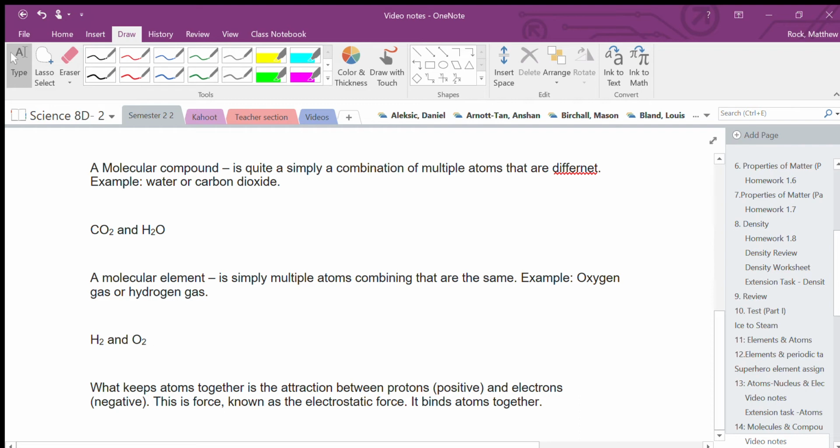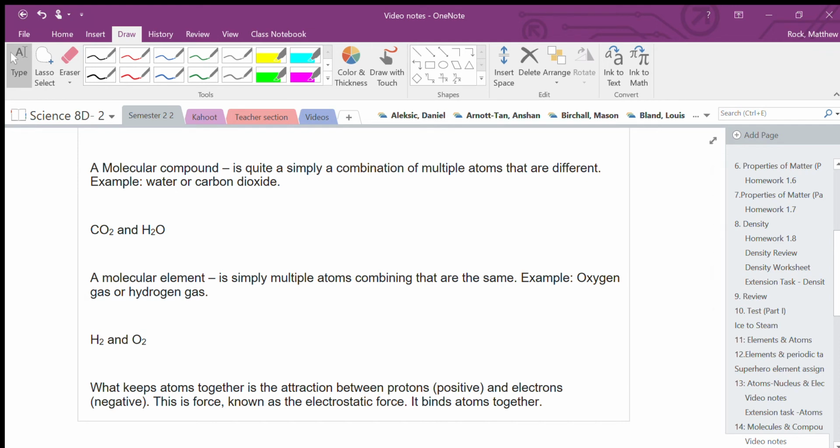We have our molecular compound and we have our molecular element. So our molecular compound is just that, much like a compound, which you guys know is just a combination of multiple elements that are different. So our best examples of those are water or carbon dioxide, CO2 or H2O.